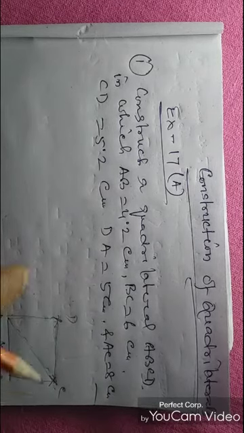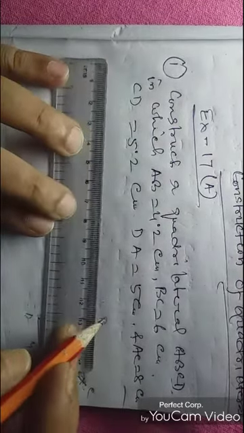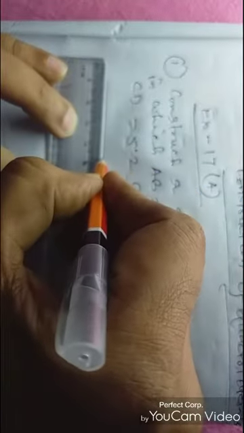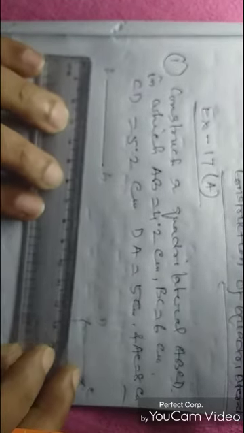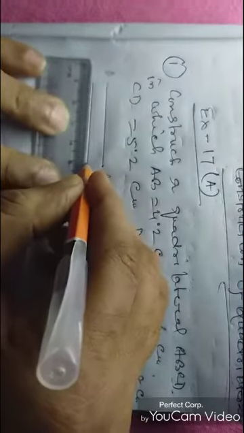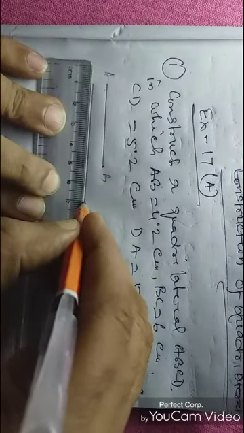Now it will be very much easier for you to draw. See here, I am now drawing the sides first. That is AB, AB is 4.2 cm. This is AB. Then BC equal to 6 cm.